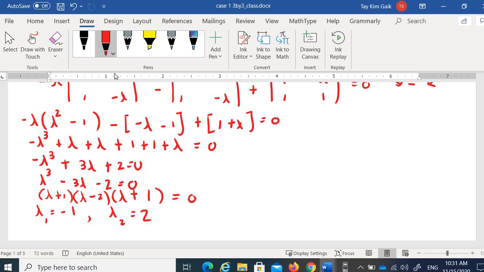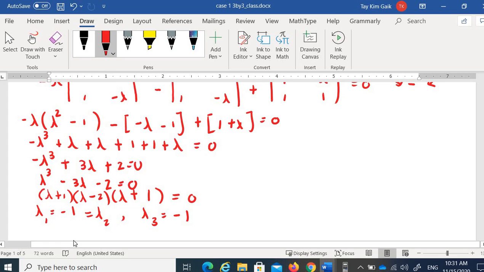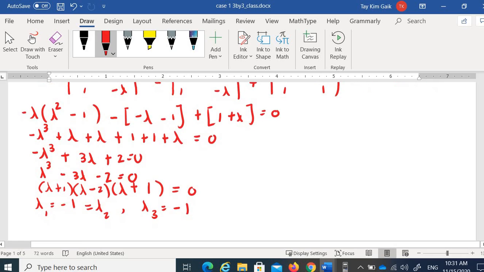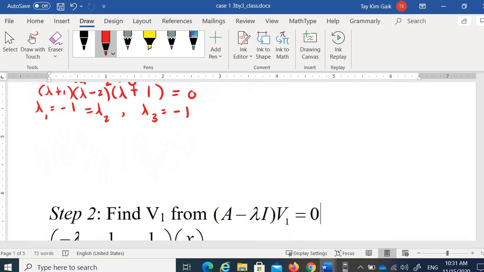So it means we have lambda 1 equal to negative 1, also equal to lambda 2, and then lambda 3 is 2. So in this case we do not have 3 repeated eigenvalues. The system A is 3 by 3, with 2 same eigenvalues and 1 different eigenvalue.